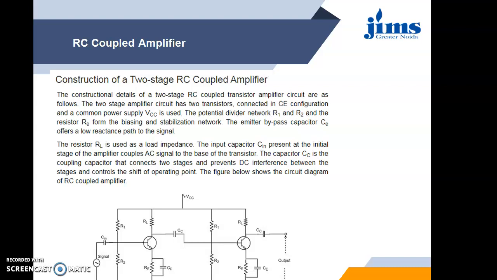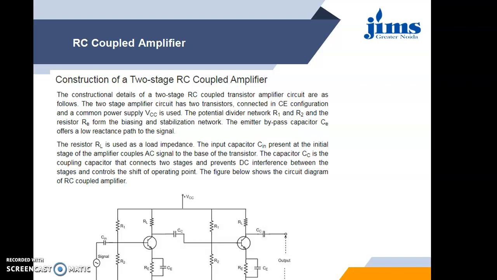Out of all these, we have the RC coupled amplifier as the cascaded amplifier in our syllabus. This is the most common type of cascaded amplifier, and it is very important from the examination point of view also.